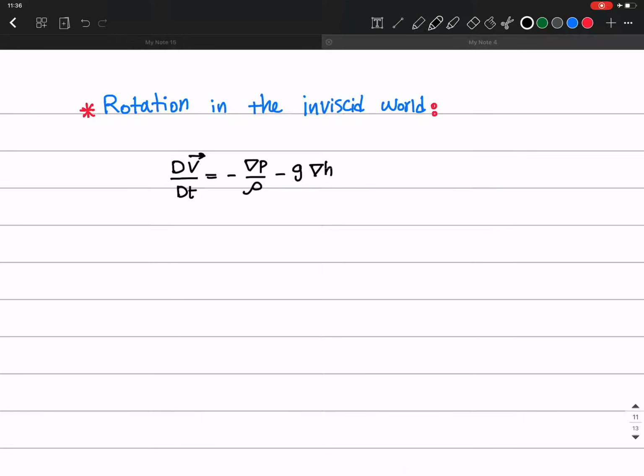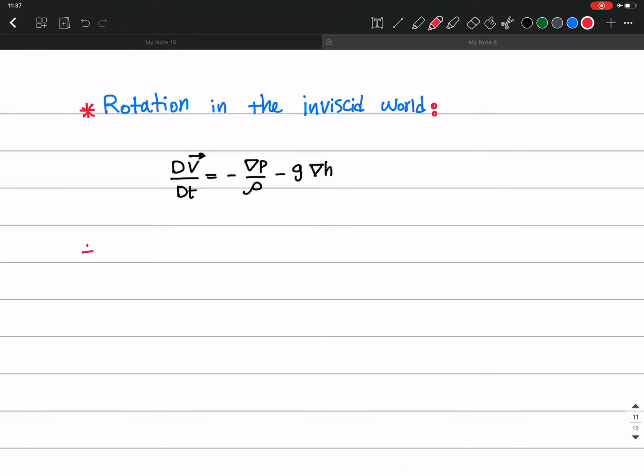Earlier we talked about the Navier-Stokes equation, which also had viscosity, but for simplicity we are going to ignore that and only focus on flows that have no viscosity, to be able to find some analytical solutions.